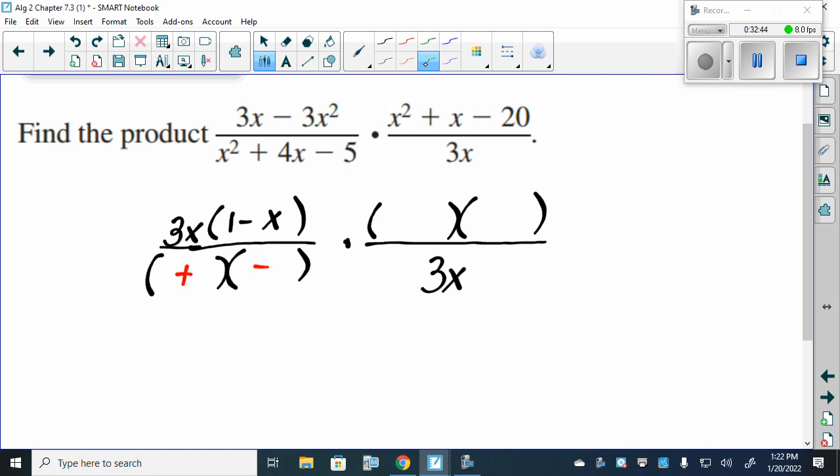Now the factors of x squared are x and x, because that's the only set of factors for x squared. The only factors for 5 are 1 and 5. Now we need to decide which one we want positive and which one we want negative. And the 5 would be positive. And if we did check it and multiply to find the middle term, we would see this setup would give us a positive 4x.